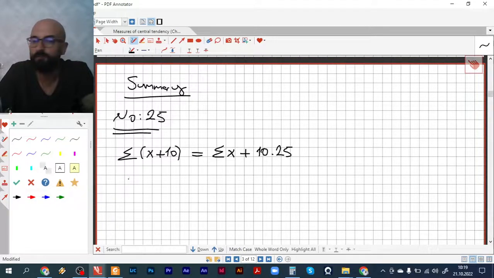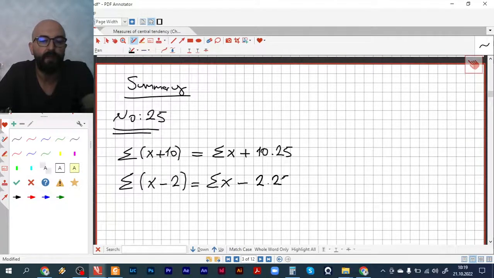If you write x minus 2, you can use the sum of x minus 2 times 25.